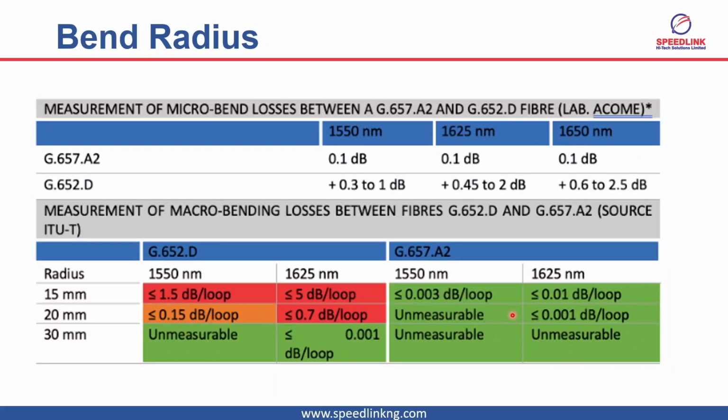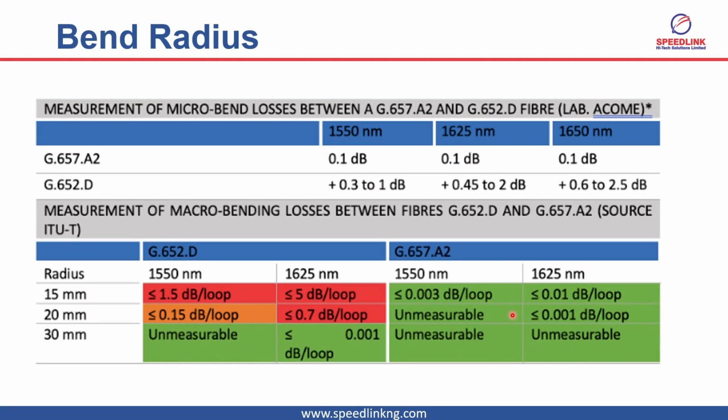So based on this, I want to ask a question. Which of these cables is best? It depends on what it's being used for. For example, the G657.A2 is best used where bends are required.